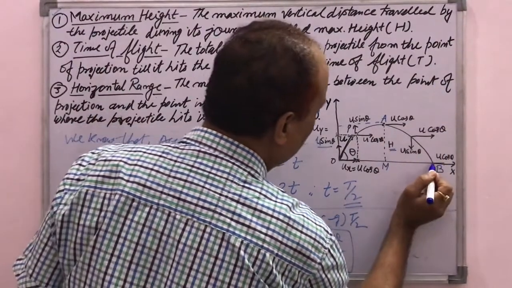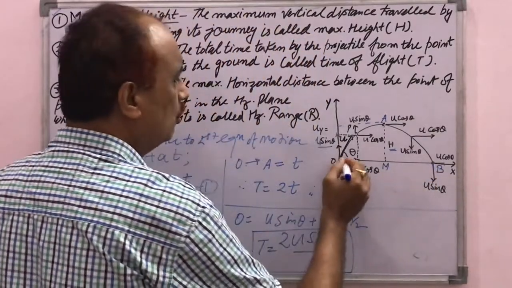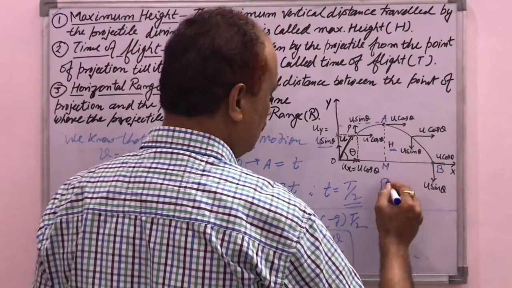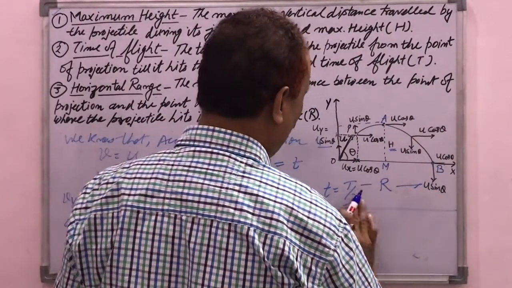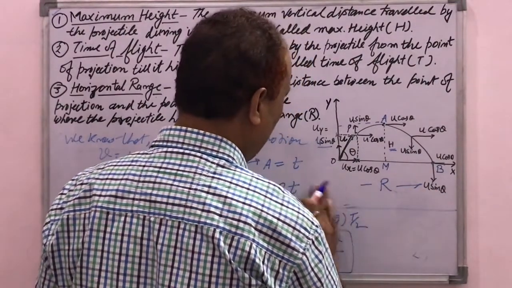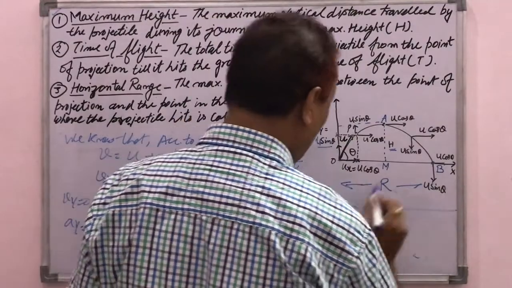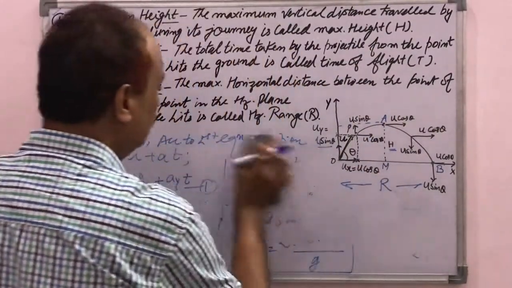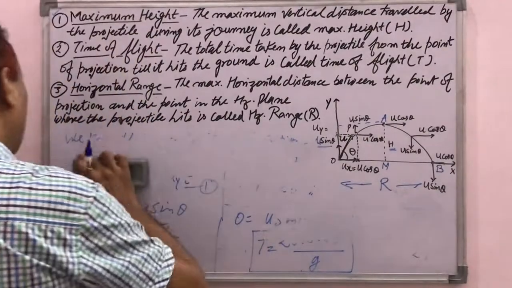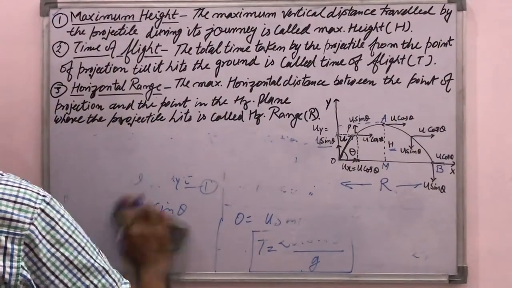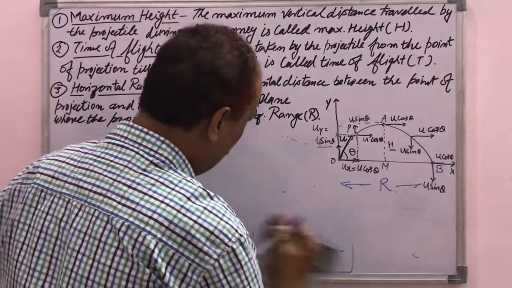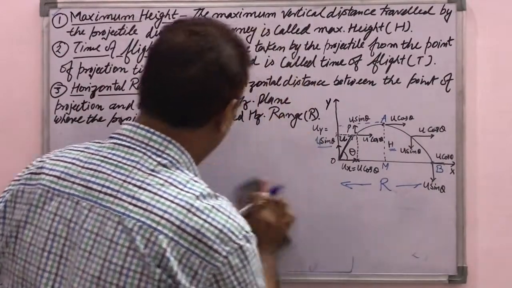So the projectile hits at the point B. From O to B, this is known as the horizontal range, and this range is denoted by capital R. Now after the definition of the horizontal range, we have to find out the expression for it.